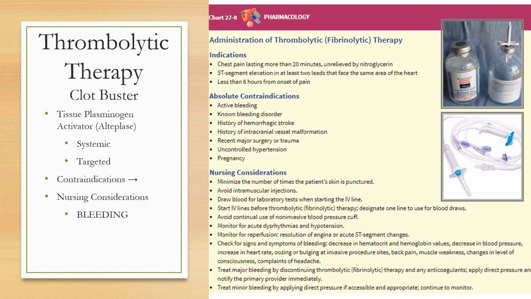And of course, pregnancy, because we can cause bleeding within the placenta, and that can cause separation of the placenta. So always think of bleeding complications when we're giving a fibrinolytic: peptic ulcer disease, history of bleeding, history of hemorrhagic stroke, recent surgeries, recent trauma, anything like that.